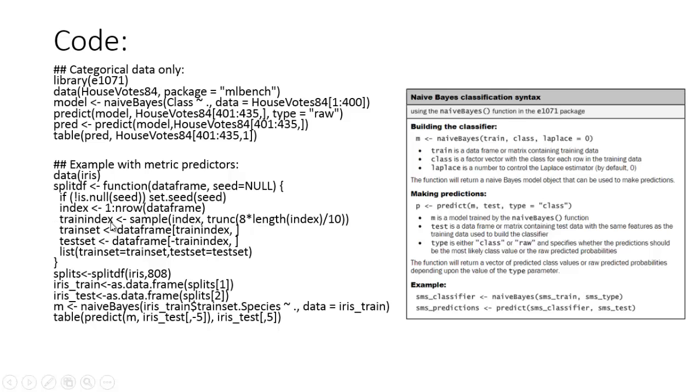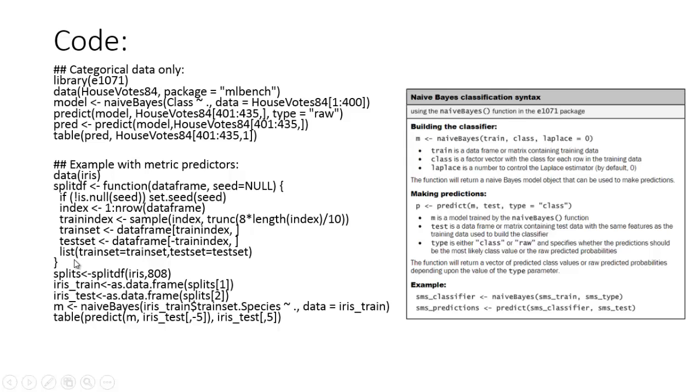So that will go in the train index, and train set will be assigned the data frame at train index. So all the training data will go into train set, and test set will contain all the indexes which are not in train index. So this data frame will give all the testing observations to test set.